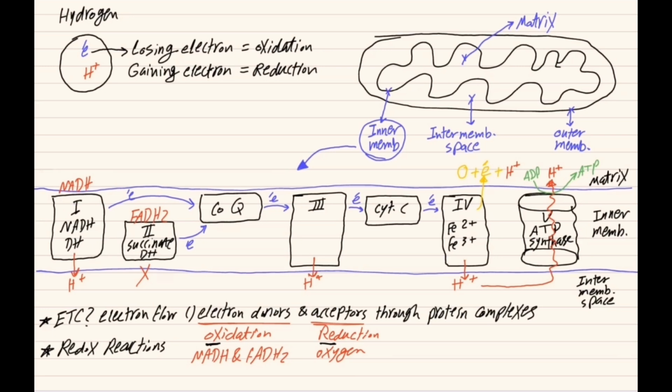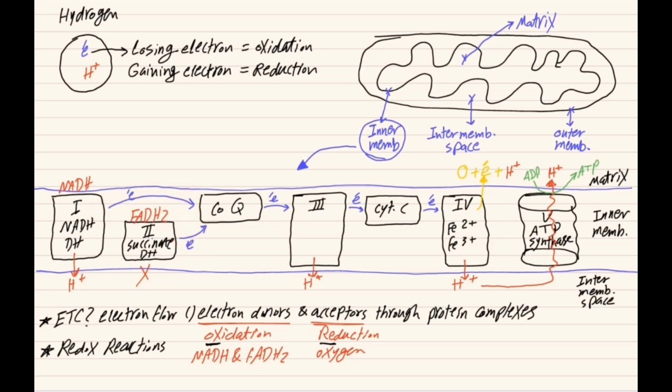And unlike complex 1, there is no proton to throw into the intermembranous space. This is why FADH2 produces less energy than NADH. Again, we're gonna pass this negative electron to the next member of the chain, which is coenzyme Q. So complex 1 and complex 2 just throw electrons to coenzyme Q.